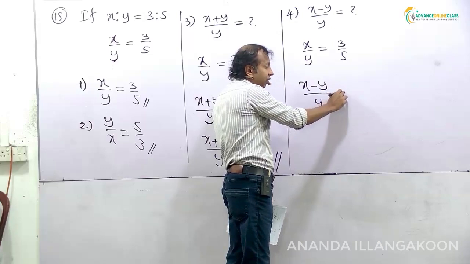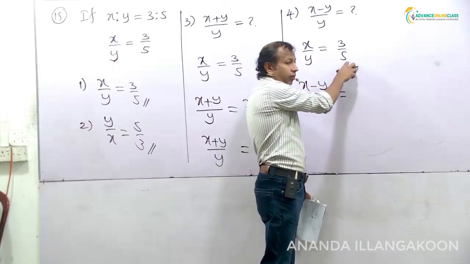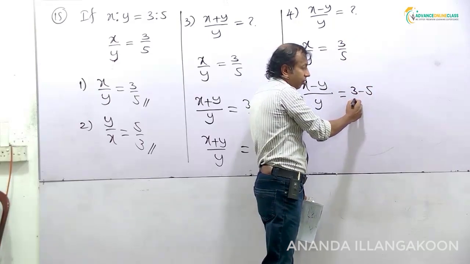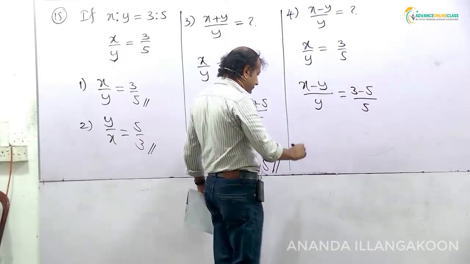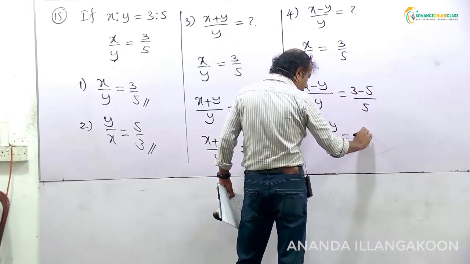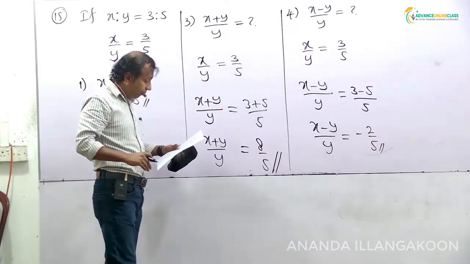Same thing we apply to the right hand side fraction. You must subtract 3 minus 5, divided by 5. (x - y)/y equals minus 2 over 5. Correct, no? Fifth one.